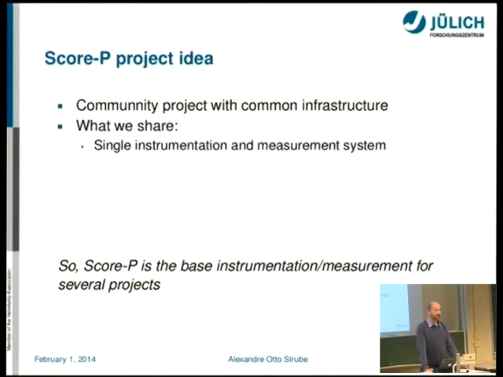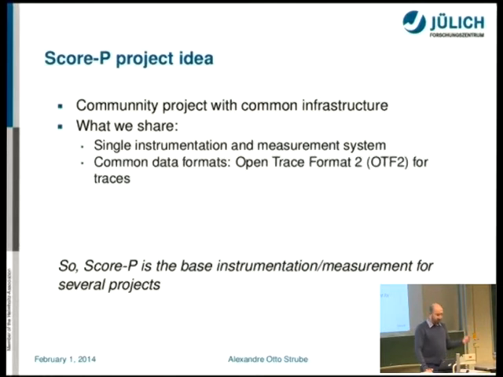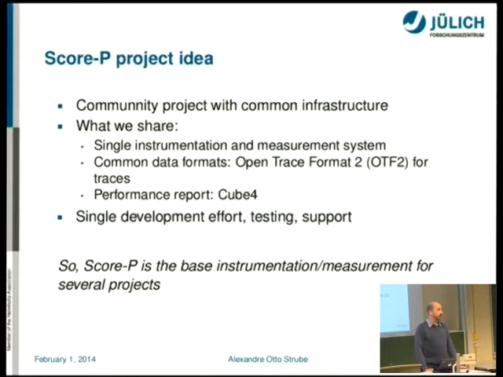So we share the instrumentation system, we share the measurement system, we share the trace formats, the report formats, and so the idea is to unify effort, and so every group can build their own unique tools on top of it.